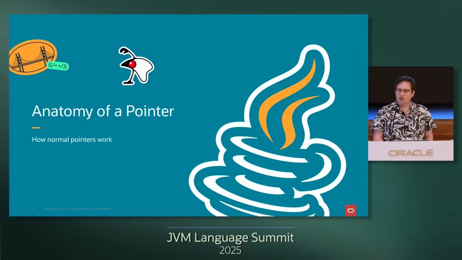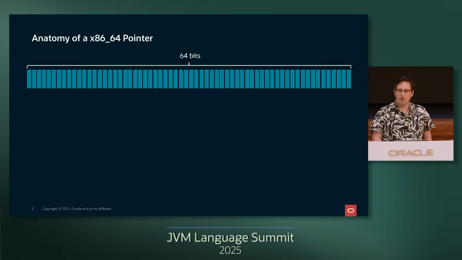Before we talk about colored pointers, it's useful to first revise the anatomy of a normal pointer. So let's do that first. On a 64-bit platform like x86-64, the pointer is a 64-bit integer, and it describes the address of a byte.